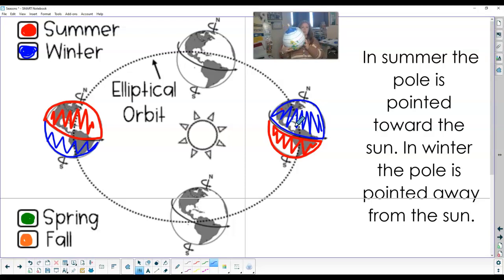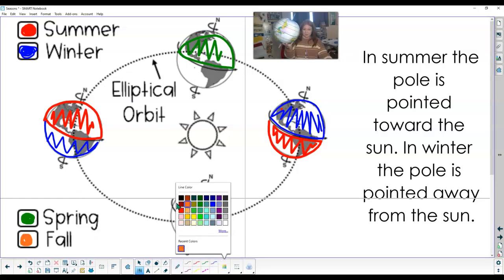So remember before we were in winter, we were tipped away and it travels around, and now it can see both of the poles equally. So after winter, we turn into spring, right? And then after spring, we have summer when we're tipped toward the sun, and then it travels around again, and then it's fall where it can see both of the poles equally.